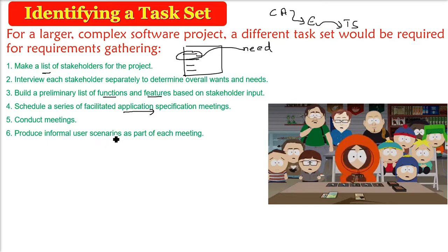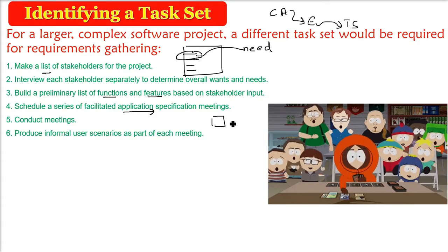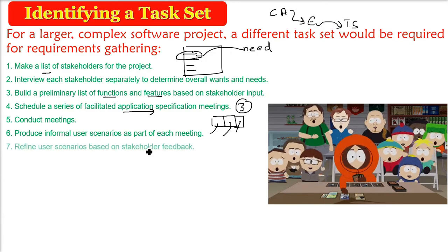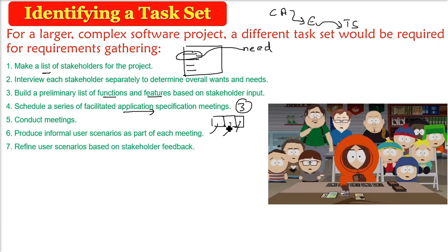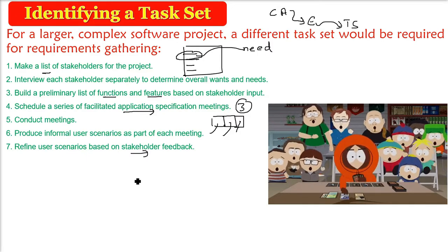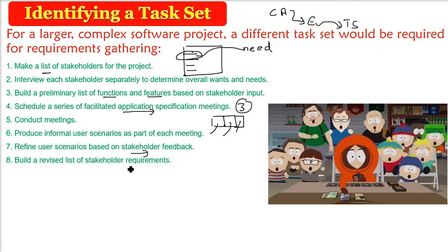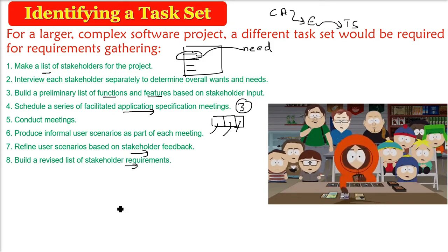And then you have to create user scenarios, proper user scenarios, because the meeting has happened. Now these user scenarios you have to refine, because whatever user scenario you have made, you have to take the feedback from the stakeholders. And then you have to build a revised list of stakeholder requirements.